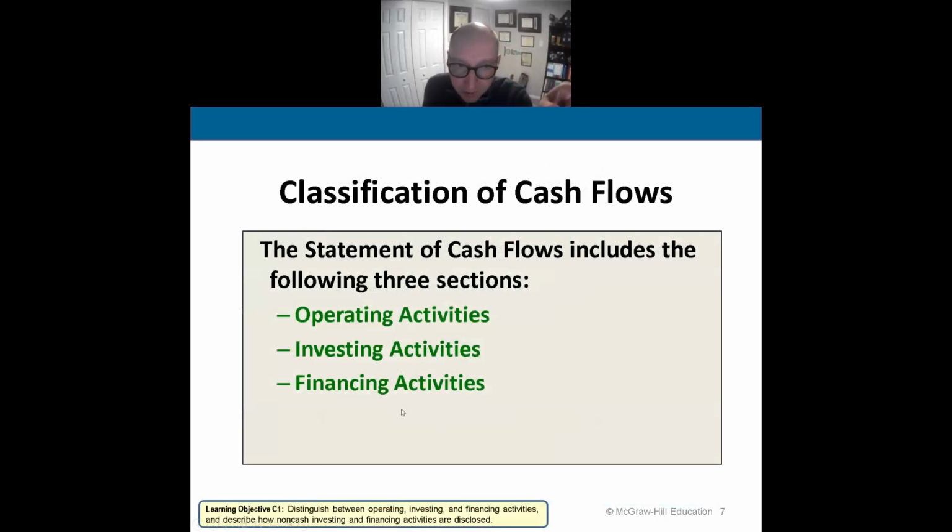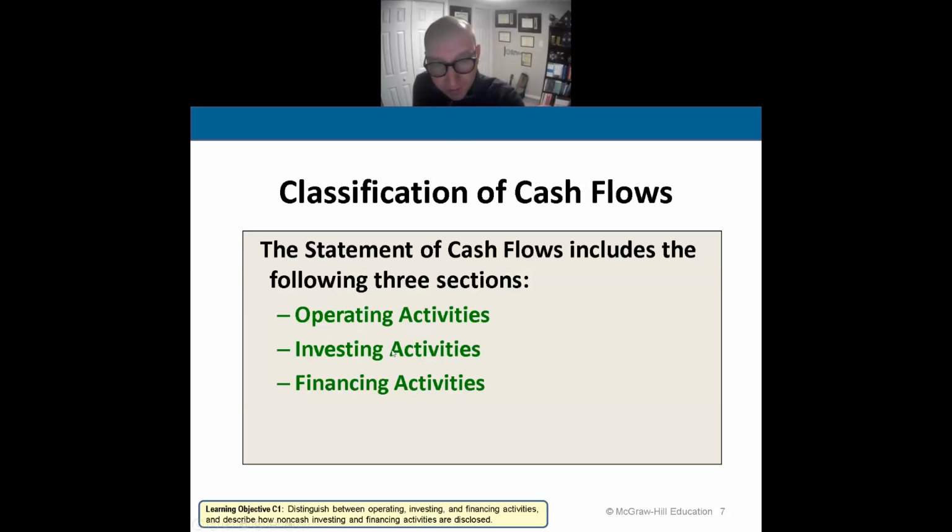Operating activities, day-to-day operations of the business; cash coming in from customers, from sales; cash going out of the business to pay bills. Investing activities, cash coming in from the sale of property, plant, and equipment, cash going out for the purchase of property, plant, and equipment.